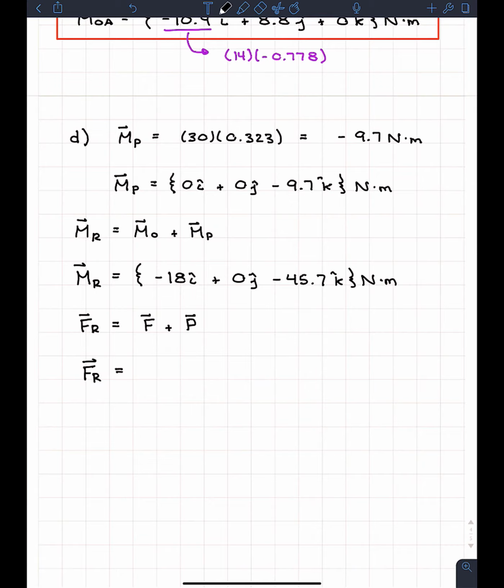F_R is going to be equal to 90i plus 75j, and then finally minus 30k, in units of newtons. And those are our two results.